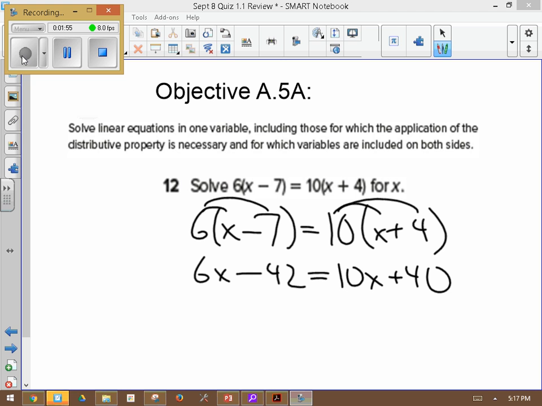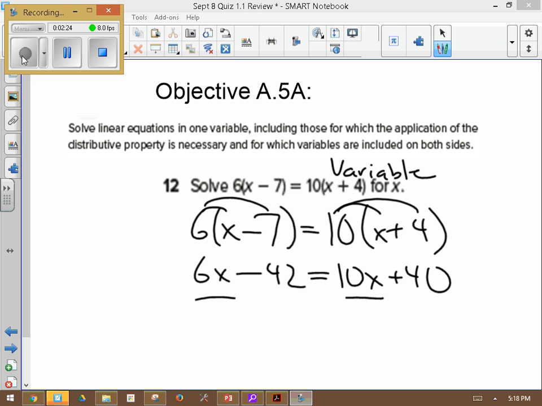So the next thing we need to do is solve this equation for x. In order to get the variables on one side, we need to decide what side we want them on. So I have a choice. I have a 10x on the right side and a 6x on the left side. Since my greater value is on the right, I'm going to let this be the variable side.